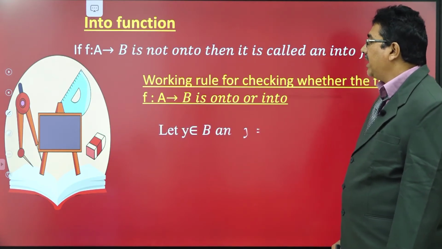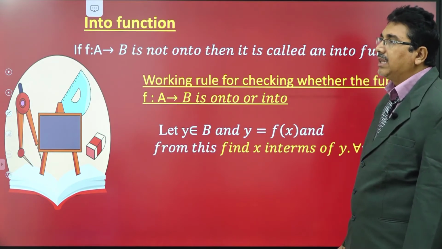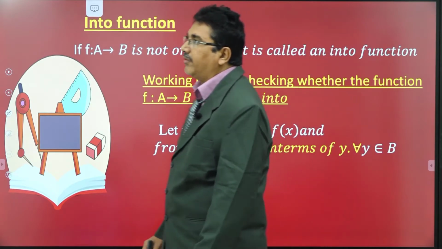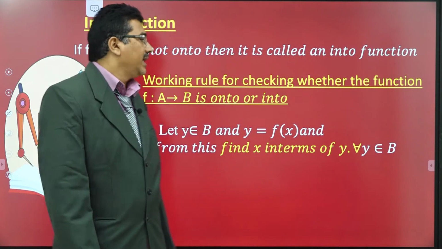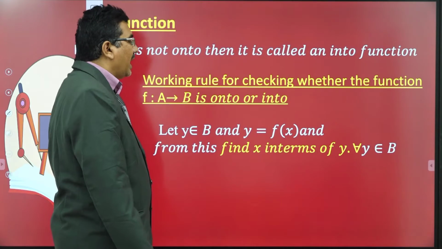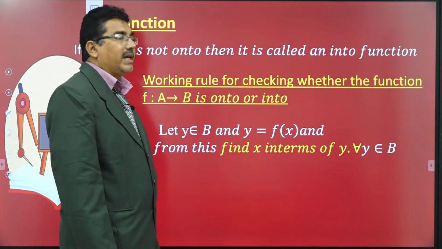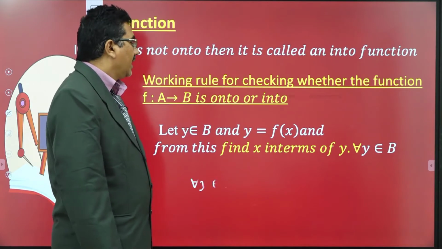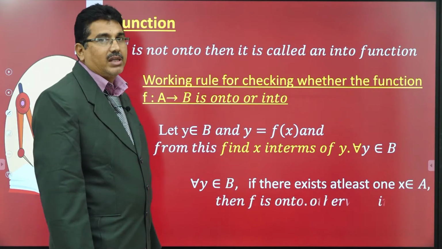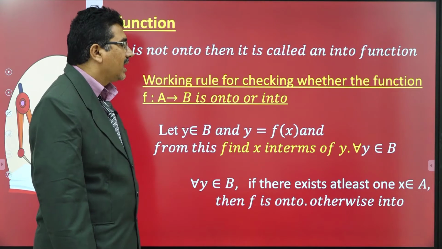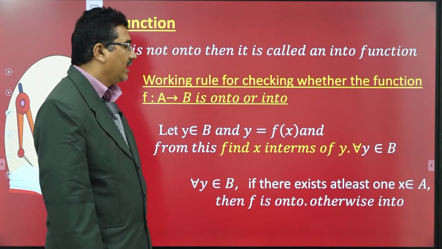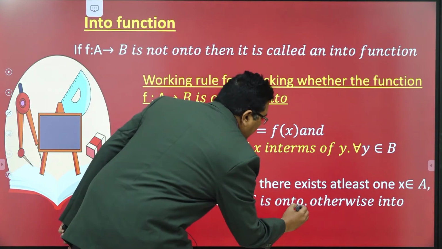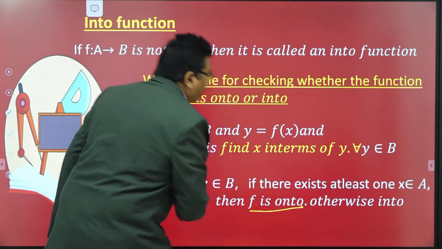Let y belong to B, that is the codomain, and y is equal to f of x. Solve this equation for x, we get x in terms of y. For every y belonging to B, if there exists an element x belonging to capital A, then f is onto, otherwise it is into.